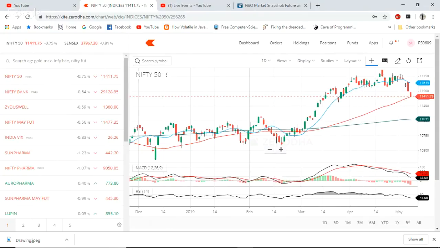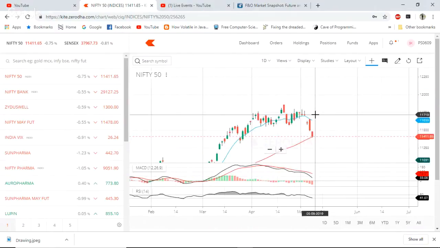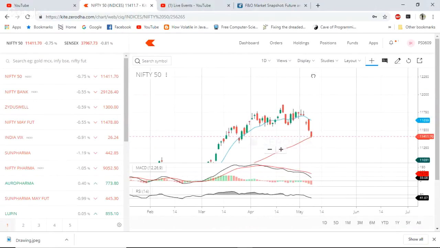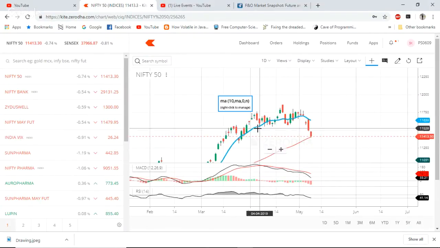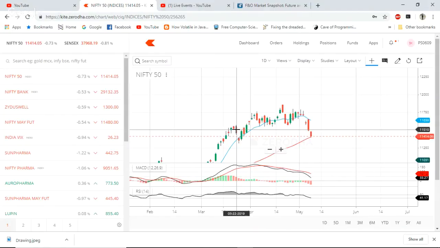whenever you see a candle, let's take a nice candle here. This is a Nifty chart, and let's take this candle, which has all the four. If you observe this candle, this is of 22nd March 2019. What does this indicate? A candle can either be red or green in color.